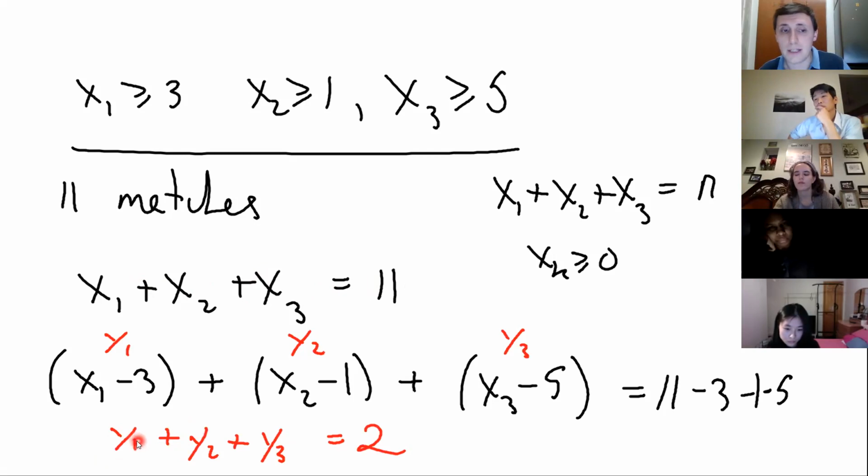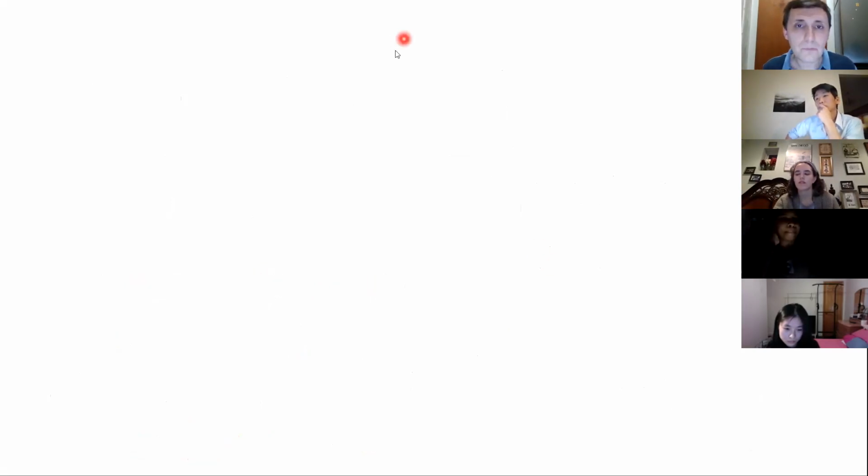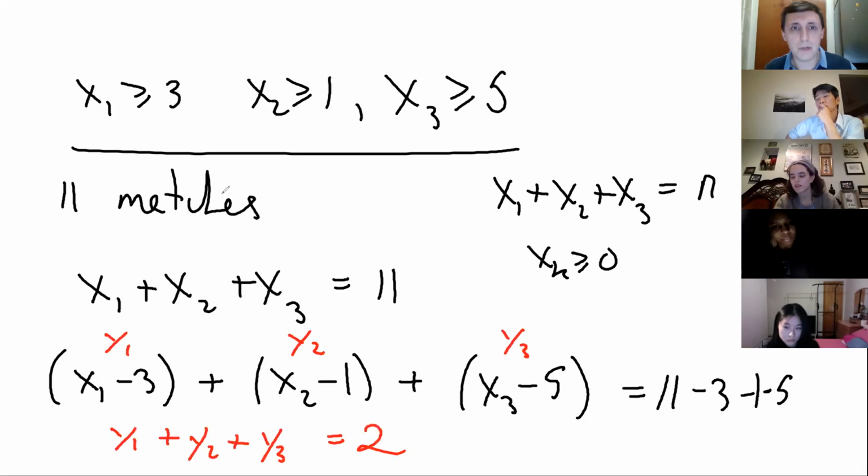And the red equation satisfies that yk is bigger than or equal to 0. Yeah. So that means what? That means look what we have then, right? So the fact that it's 4, or that it's 2, is less important to us. So we have 11 minus 3 minus 1 minus 5, right?